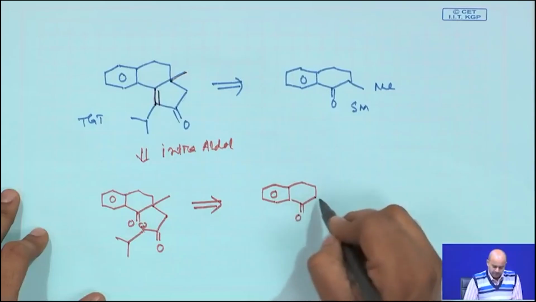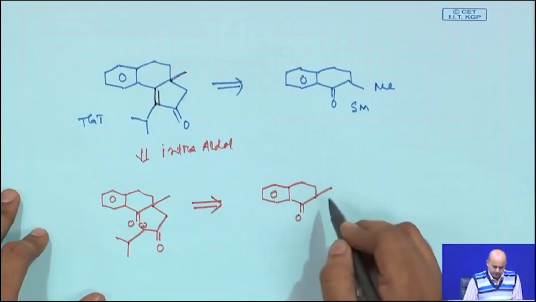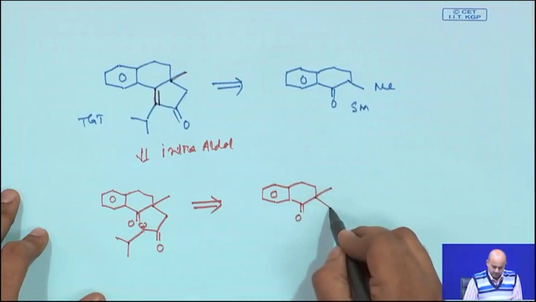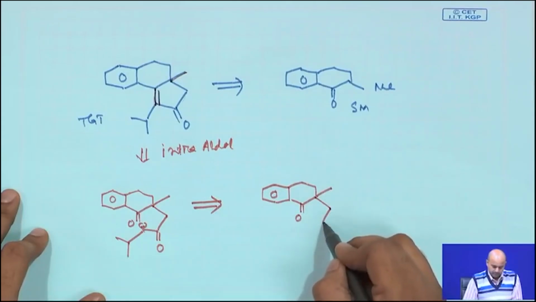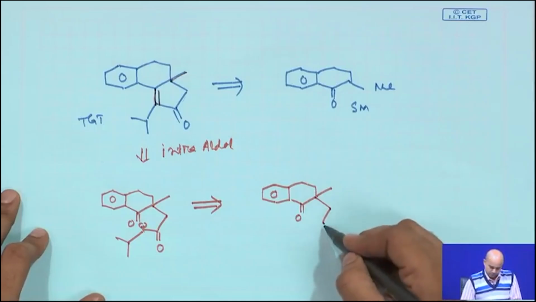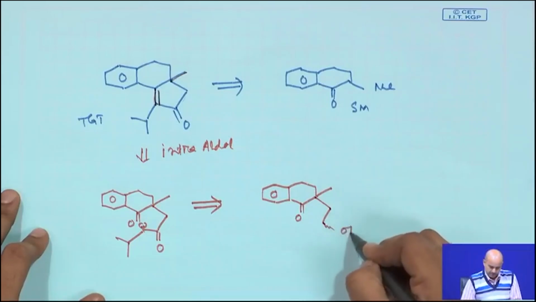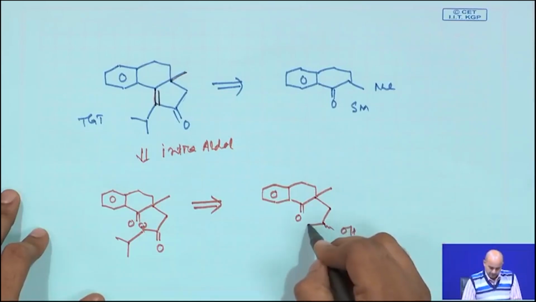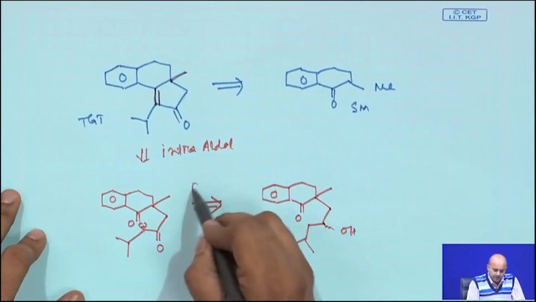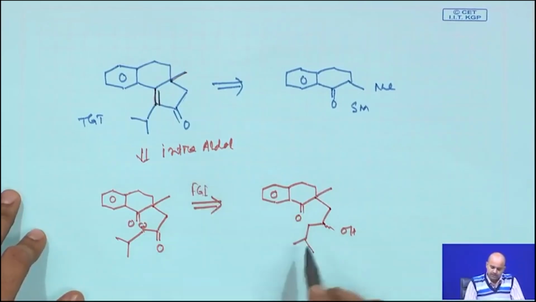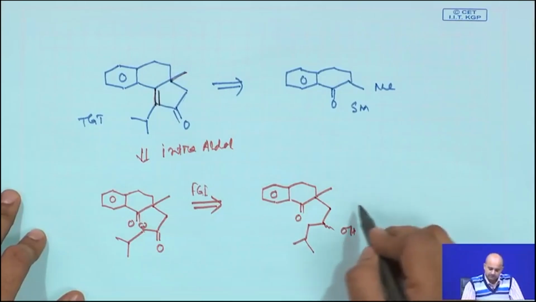I say this starting material can now be easily prepared if you have this compound just by an FGI, okay, oxidation.